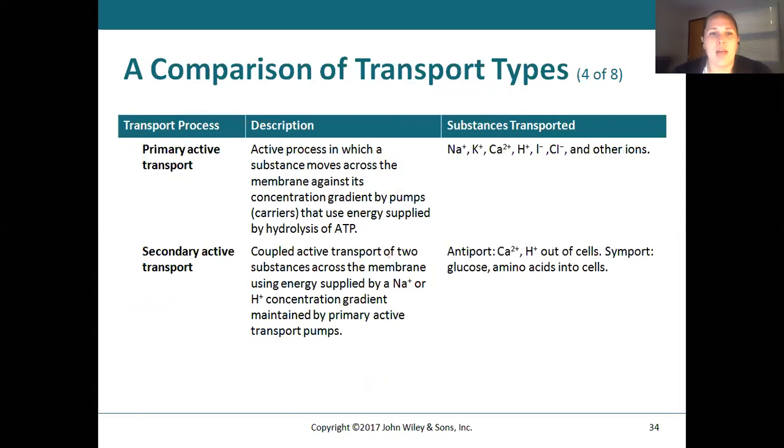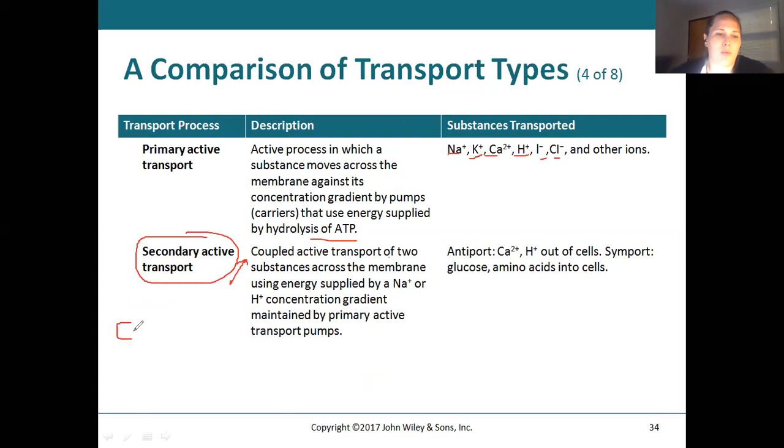So primary active processes, again, the sodium-potassium pump that we just talked about, uses the ATP and can move things like sodium, potassium, calcium, hydrogen, iodine, chlorine, and other ions against their concentration gradient. Secondary active transport is different because it's coupled to a concentration gradient.